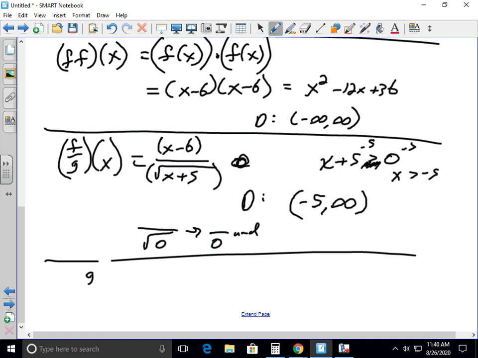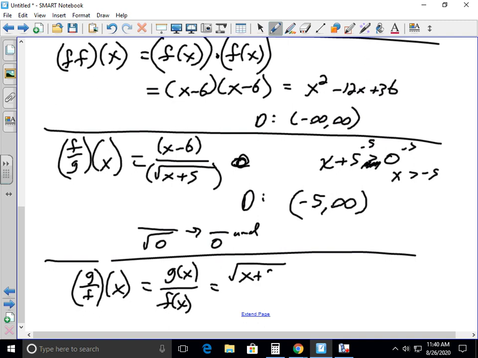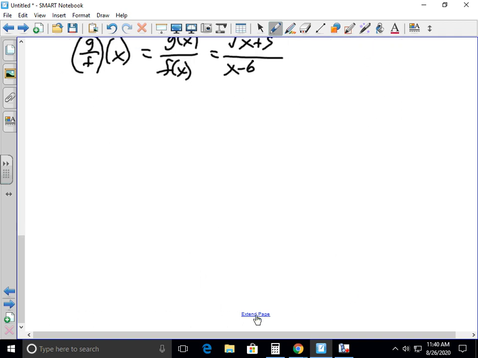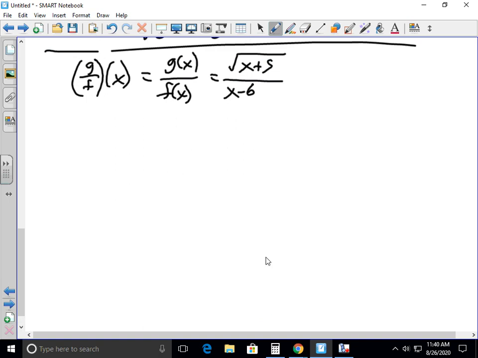Now the last part here is g over f. So this means g of x over f of x, which is the square root of x plus 5 over x minus 6. Again, that doesn't really simplify. So what numbers can we use?